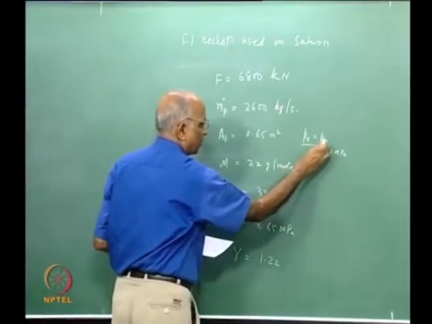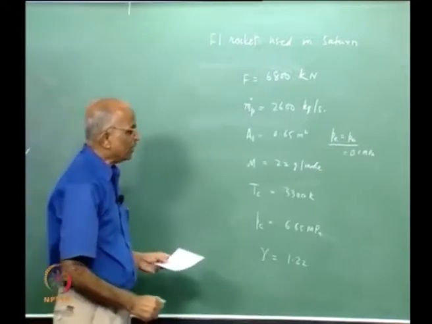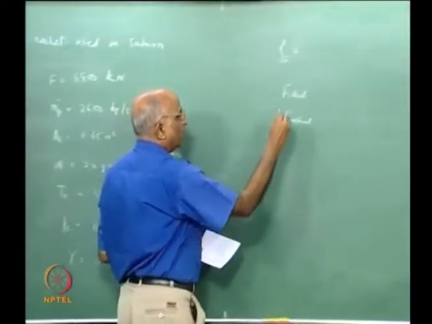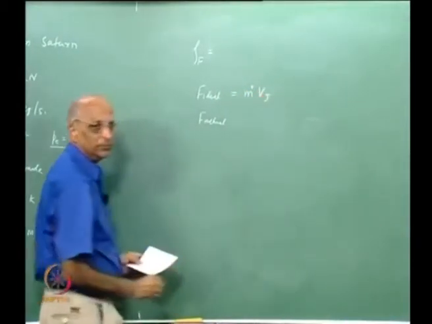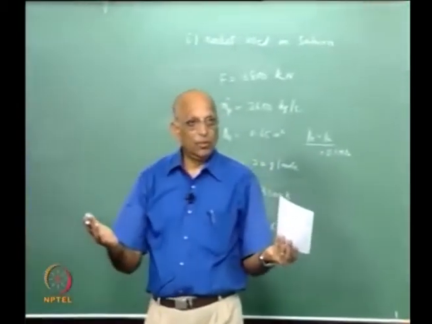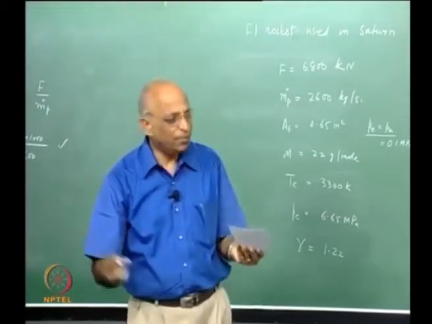We are assuming here that the nozzle exit pressure is equal to the ambient pressure. Therefore, for this condition F ideal is equal to m dot into Vj, because there is no pressure thrust: Pe minus Pa is 0.